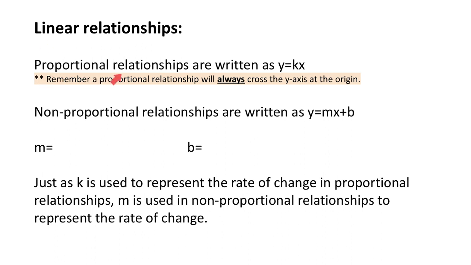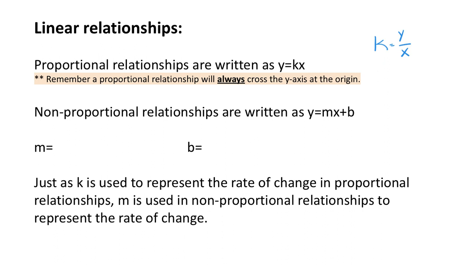So proportional relationships are written as y equals kx. Remember that we went over that before, and to figure out what k is, it is the y over x value. An important part to remember is that a proportional relationship will always cross the y-axis at the origin.